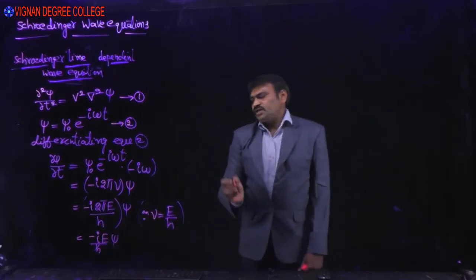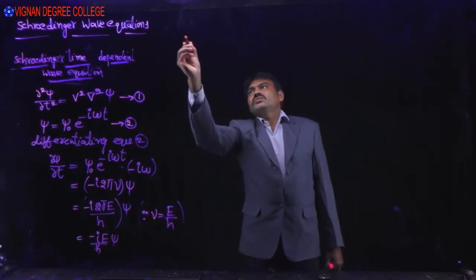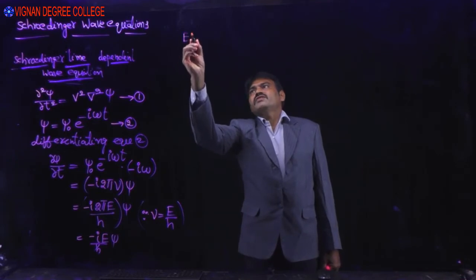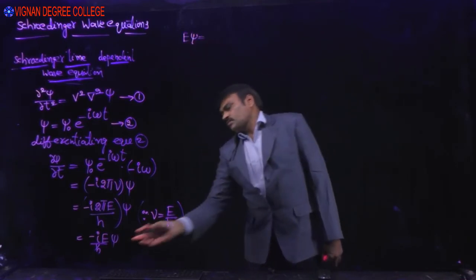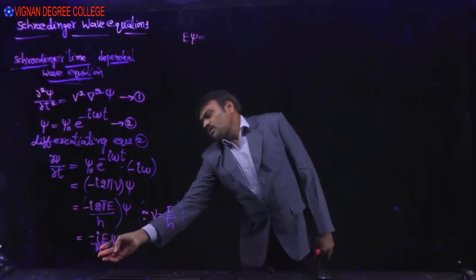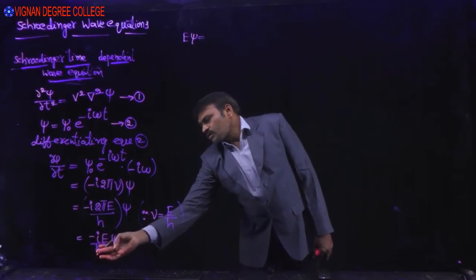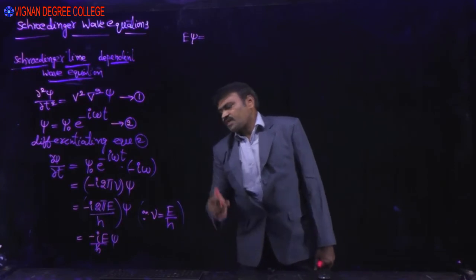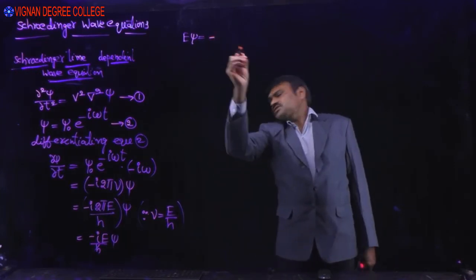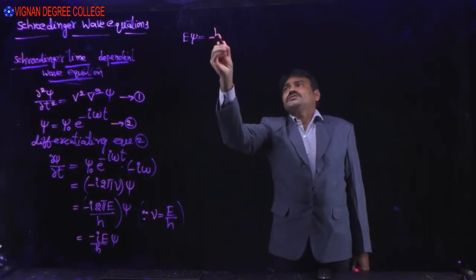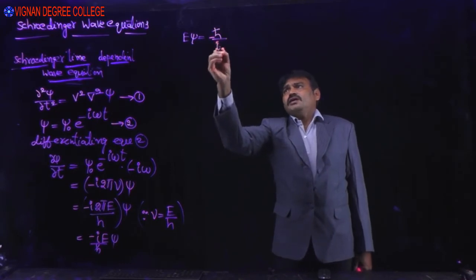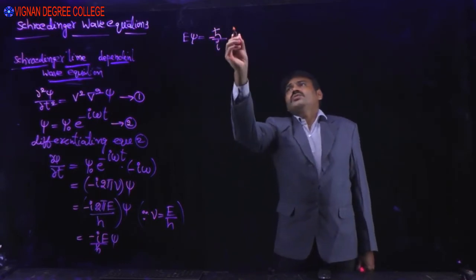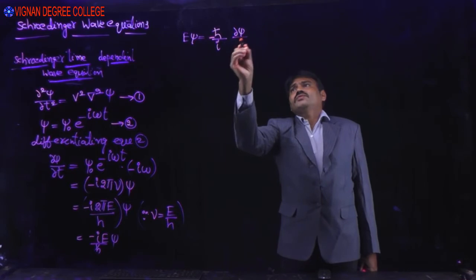From this equation, Eψ = −(ħ/i) ∂ψ/∂t, moving to the left side.